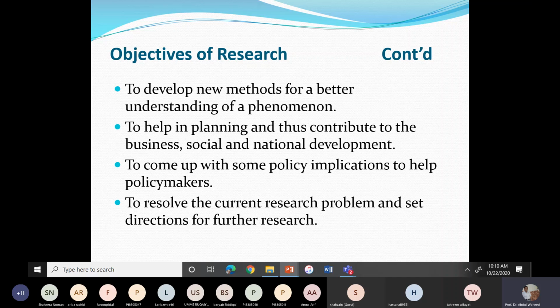So what we try to do is get the answer to our research question on a particular topic, and then there are some limitations of our research, and we identify those limitations in our research study, and then we suggest some direction for further research. So those who want to do research in that area, we suggest that they can carry out their research with these directions.